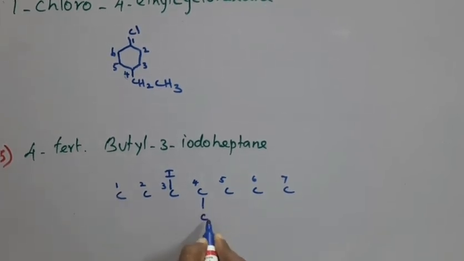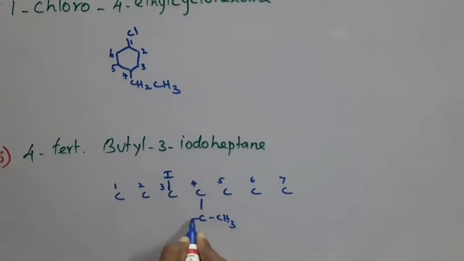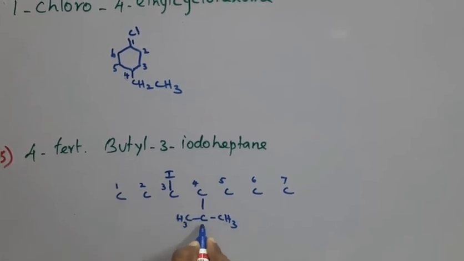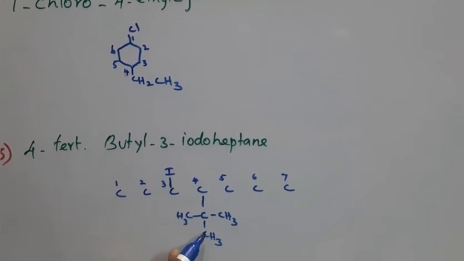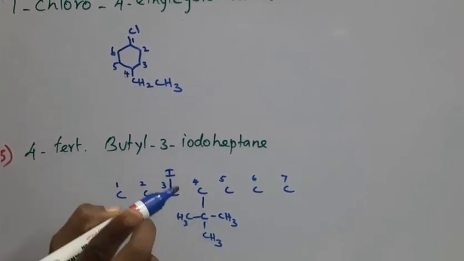Tertiary means the carbon has no hydrogen and is connected to 3 other carbons. This is tertiary butyl.